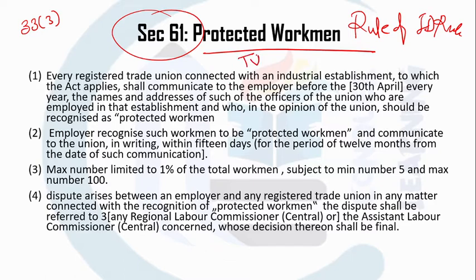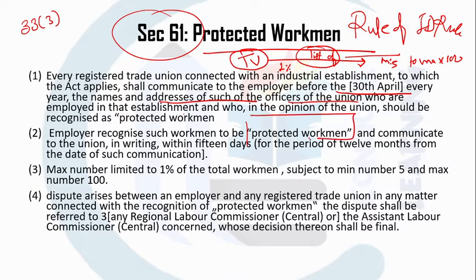Every trade union which is registered in the industrial establishment is supposed to give a list of the office bearers to the employer before the 30th April with the name and address of such office bearers and the union employed in the establishment, and the employer would declare or recognize at least 1% of the total workmen, or minimum 5 to maximum 100, as protected workmen.